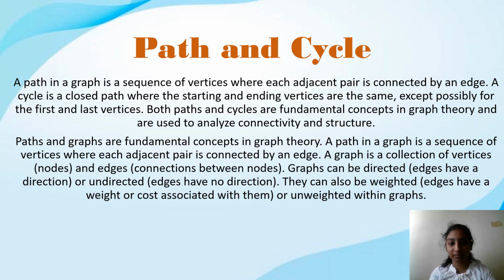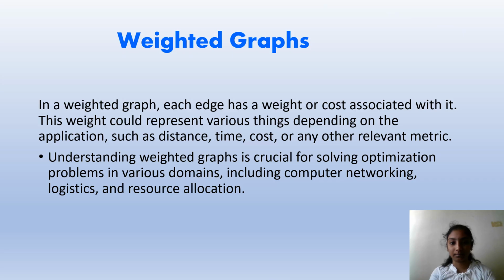A cycle is a closed path where the starting and ending vertices are the same. Both paths and cycles are fundamental concepts in graph theory and are used to analyze the connectivity and structure. A graph is a collection of vertices. Graphs can be directed or undirected. They can also be weighted, with a cost associated with them, or unweighted.